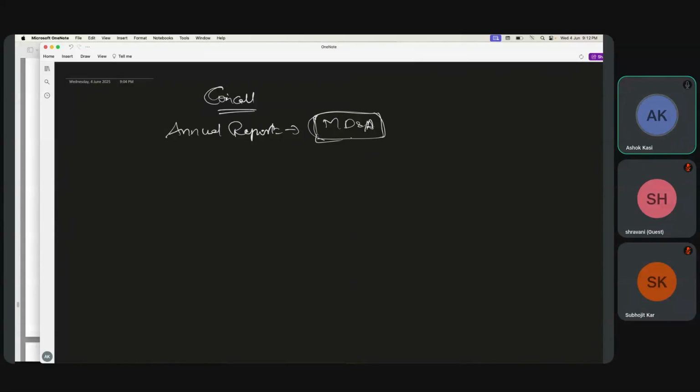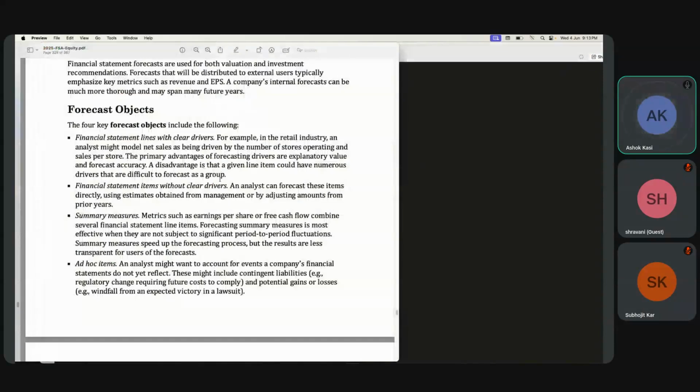They put forth their thoughts and do the SWOT analysis: strengths, weaknesses, opportunities, threats. What kind of opportunities they are finding in the market and what the challenges are. Challenges can be geopolitical, like Trump tariffs, or a particular raw material price going up, inflation going up, interest rates going up. They will discuss all of these, so you will get an idea of the direction the company is giving.